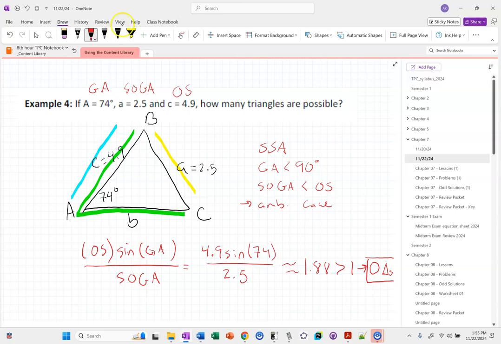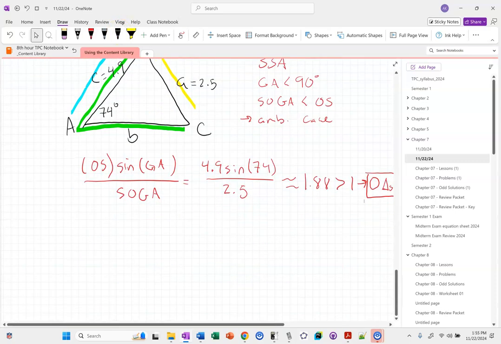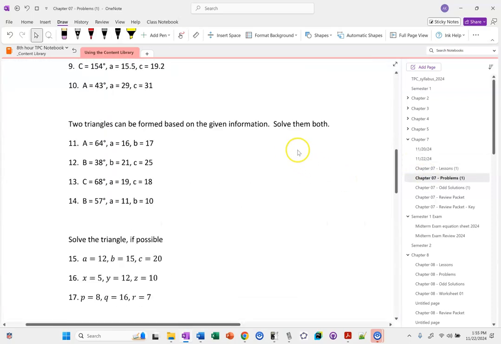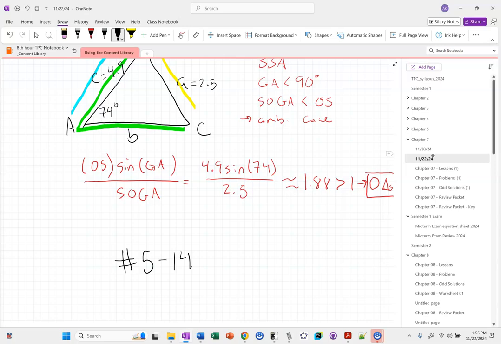So this is where I want to stop today. For next time, I'd like you to work on 5 through 14. What is due Sunday? 1 through 4.